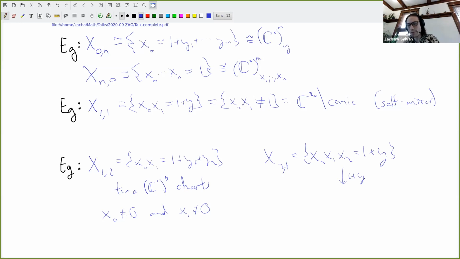There's going to be an empty fiber over 1, and there's going to be a critical singular fiber over 0. And this is the type of situation where we have our Clifford and Chekhanov tori. So we have our Chekhanov type torus over here, and we have our Clifford type torus over here.